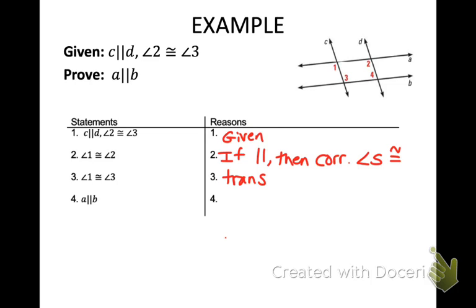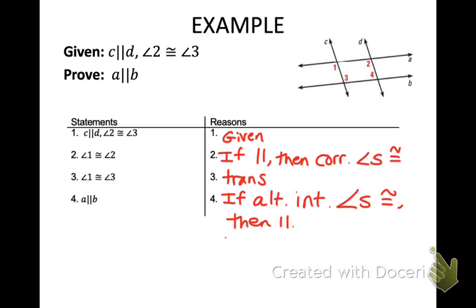If parallel, then corresponding angles are congruent. So here we're going to say if alt int angles congruent, then parallel.